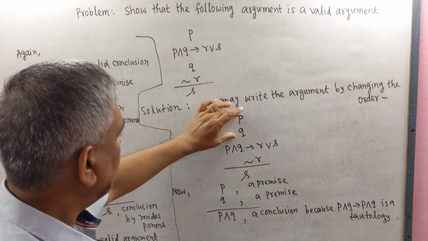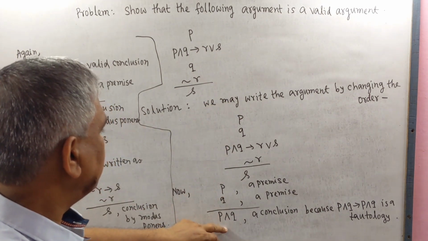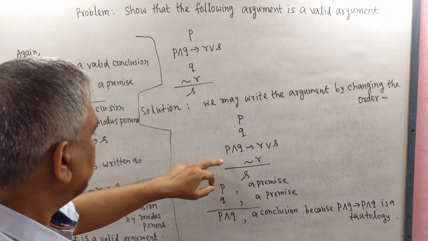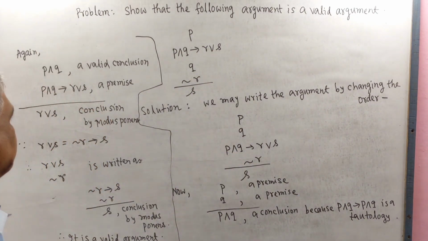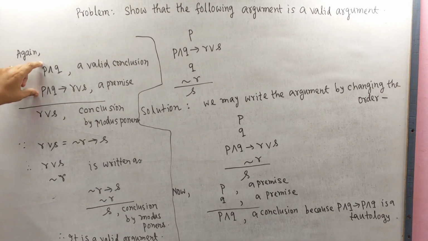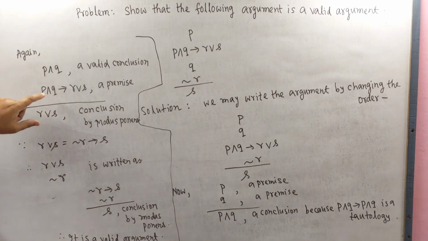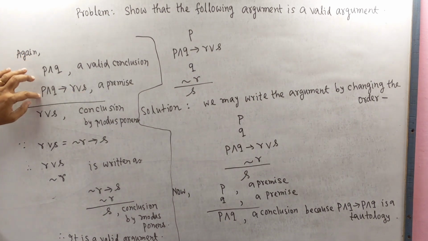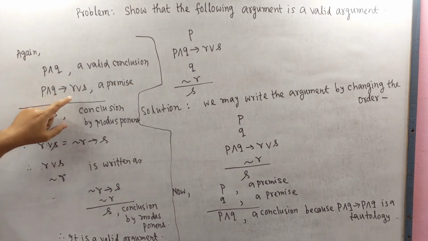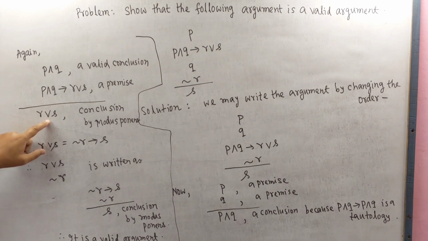Now from two rows we get P conjunction Q. Next we write P conjunction Q implication R disjunction S. Here by modus ponens the conclusion will be R disjunction S.